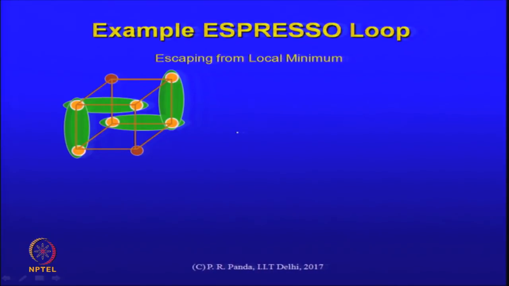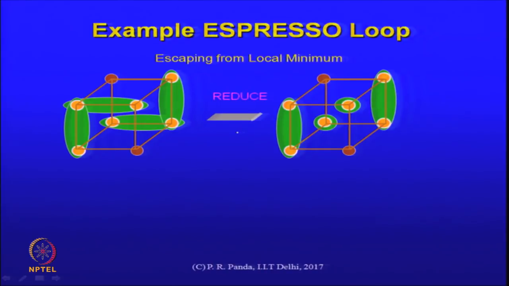Okay. So, it is possible that you have this kind of a solution that is a local minimum, because you can't drop any implicants further from this. But if you apply reduce to this, maybe that implicant is reduced to this, and this implicant here is reduced to this.